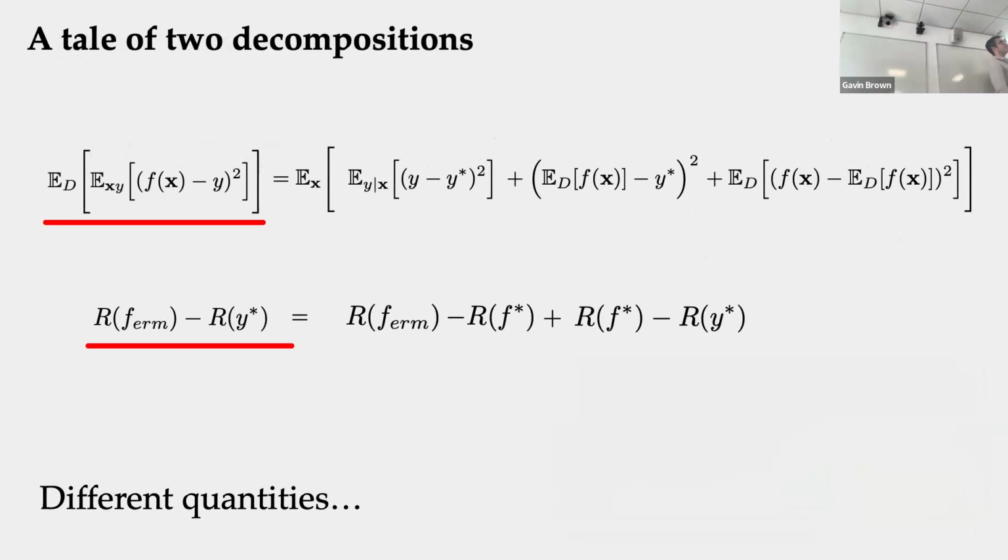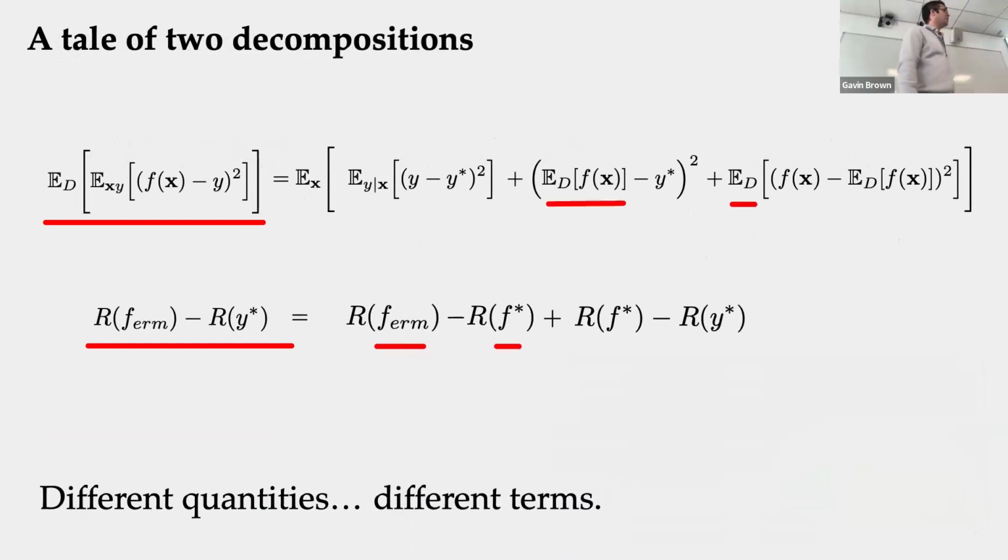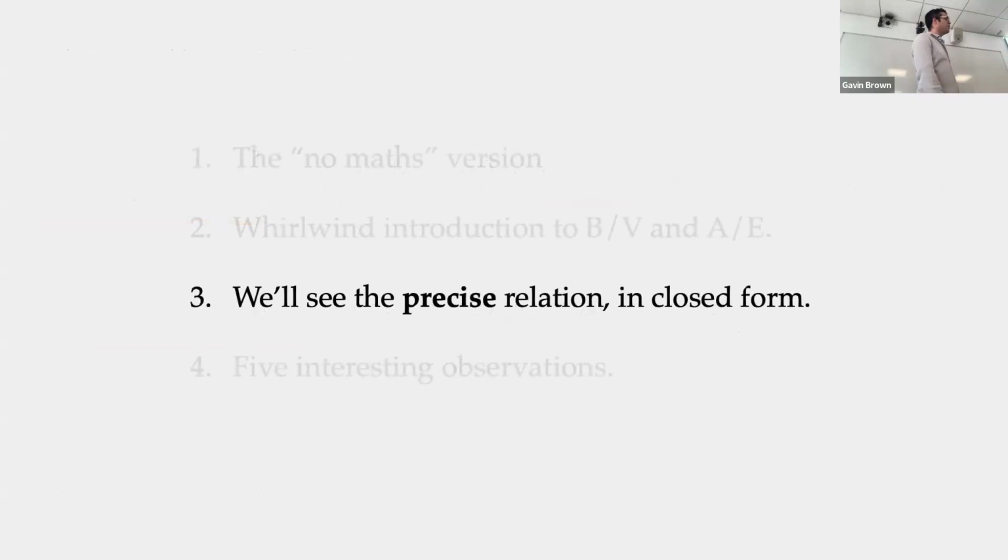This is the excess risk, and this is the expected risk. They involve very different terms. The top one has the expected model, and the bottom one has this F-star model. So they seem algebraically quite different. What we're going to try to do is find a mapping between them, the exact relationship.